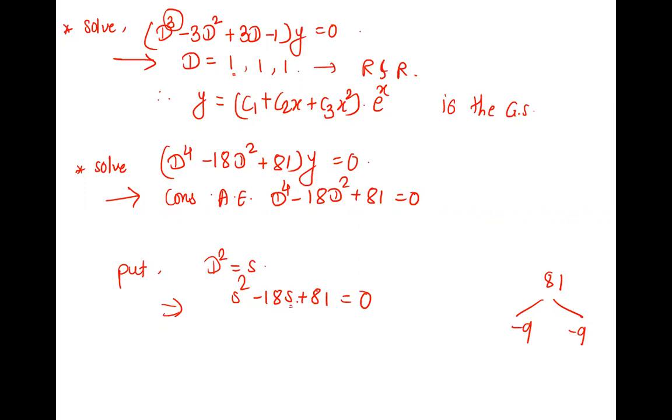Just remember this. Now A is 1, B is minus 18, C is 81. x is 9. But what is x here? We are solving for what? s. Yes, very good. s is 9.